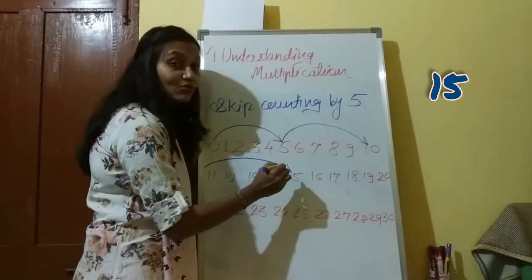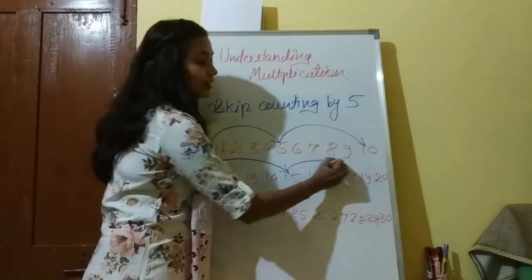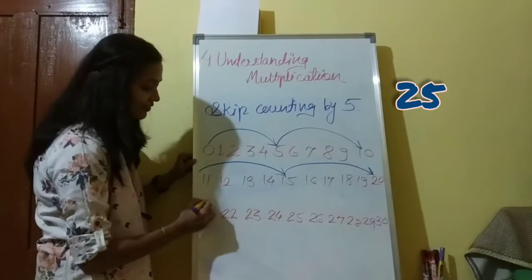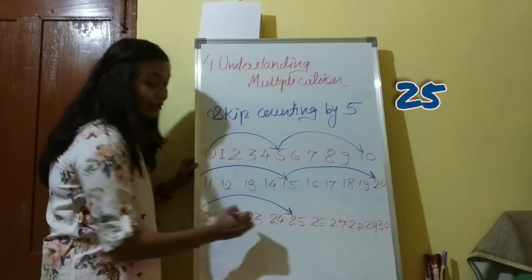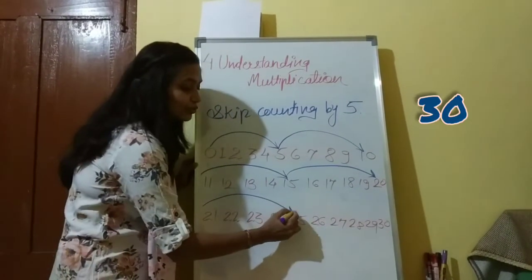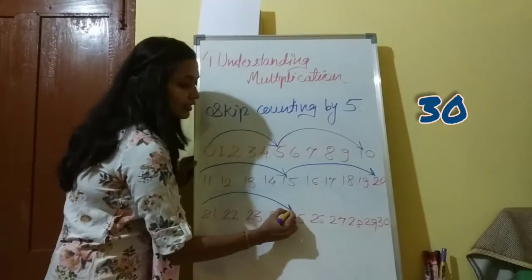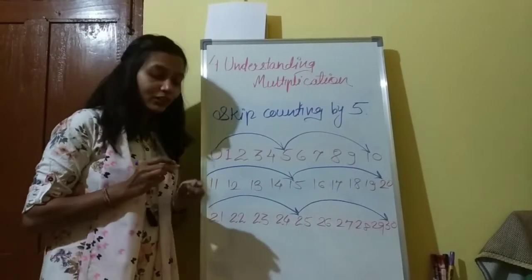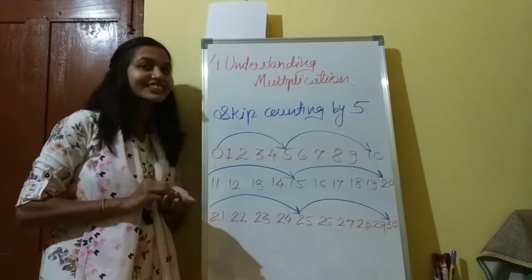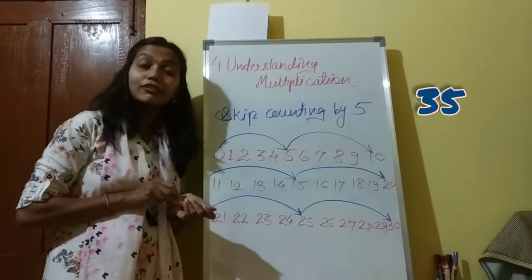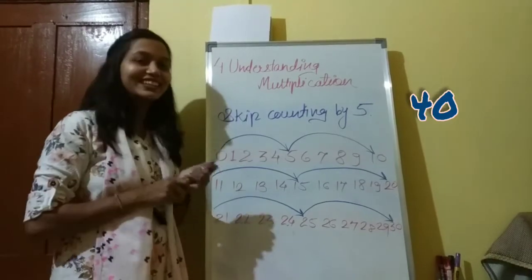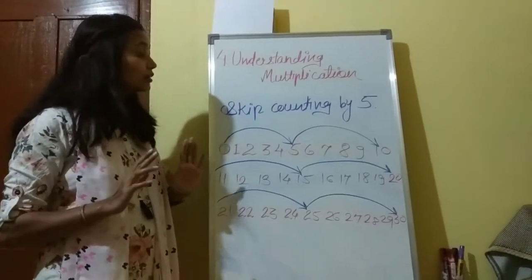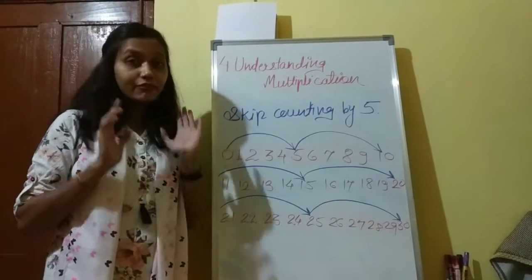Then 15 to, where will we go? 5th number? 20. Then from 20 to 25. And from 25, 1, 2, 3, 4, 5. 30. And from 30 to, can you tell? 35. From 35 to 40. Very good. So here we learned about skip counting by 5.